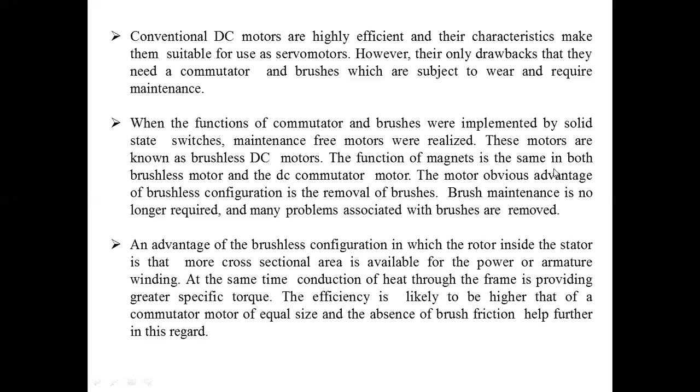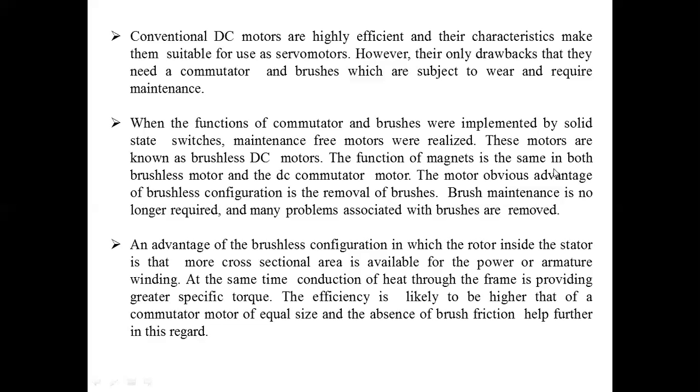So nowadays, in place of conventional DC motors, we are using brushless DC motors, without any brushes and without a normal commutator, using an electronic commutator.